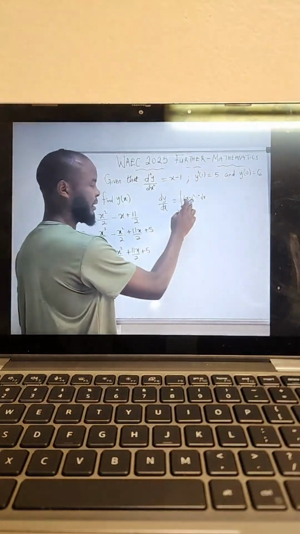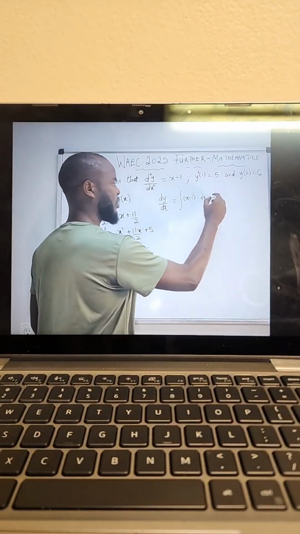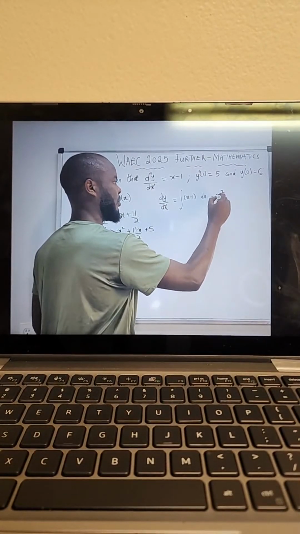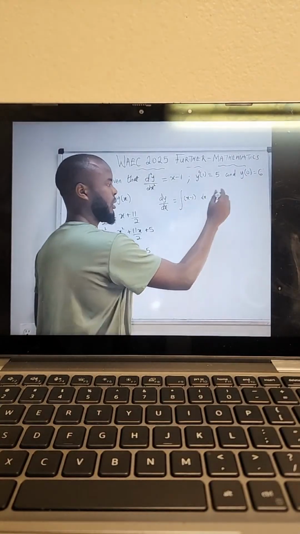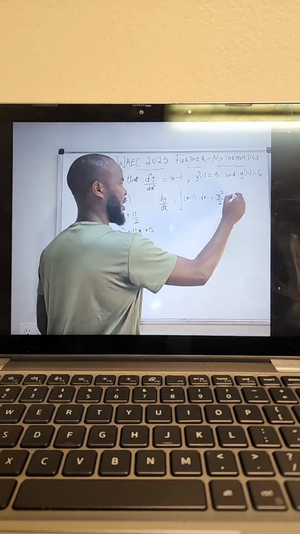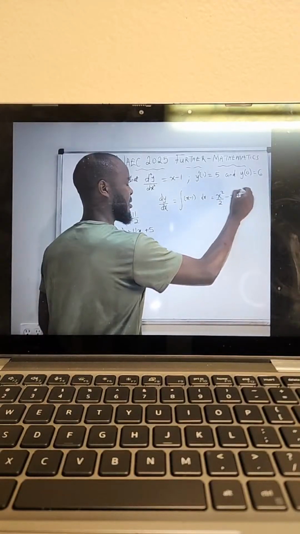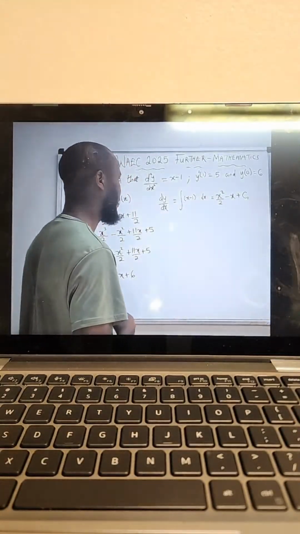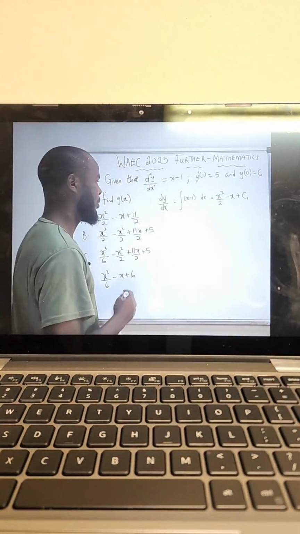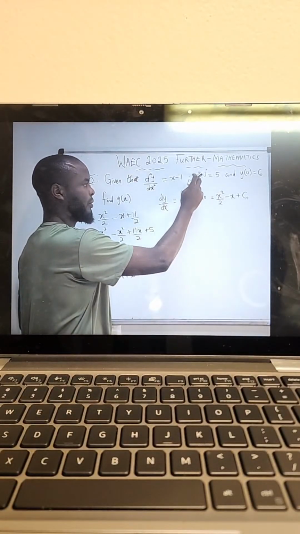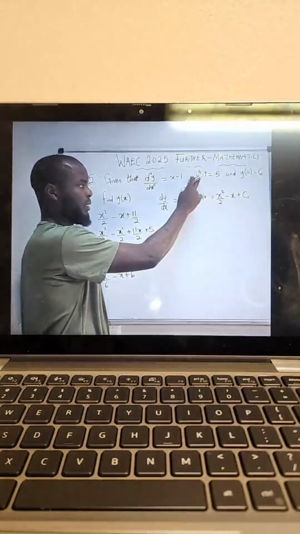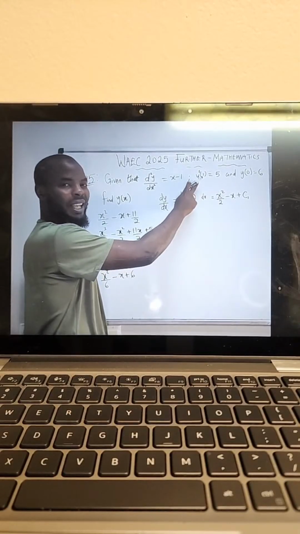When you integrate this, it is going to be x squared over 2 minus x plus c1, which is the constant. This is the first integral. This is the same thing as saying dy dx.